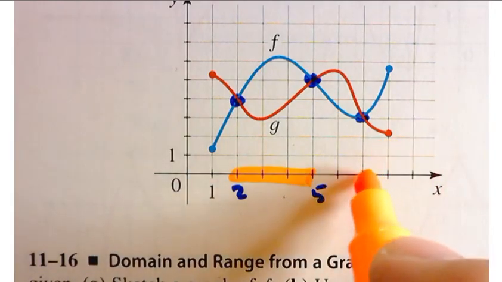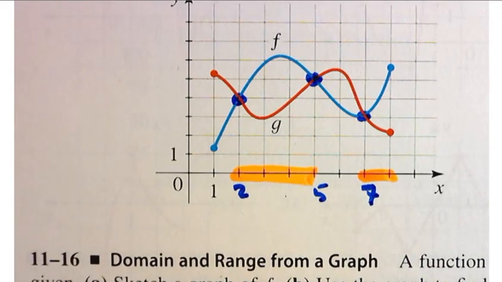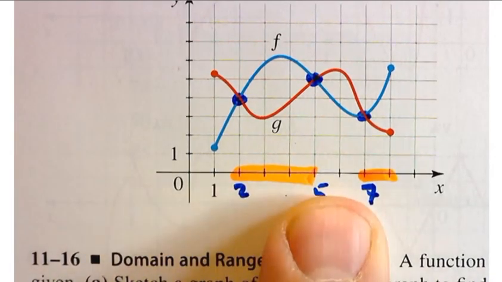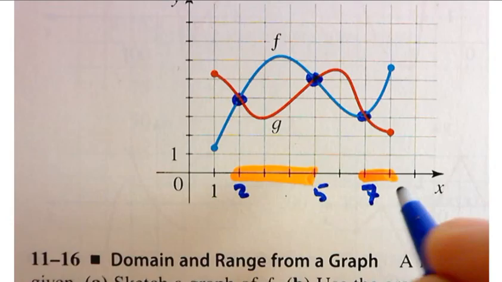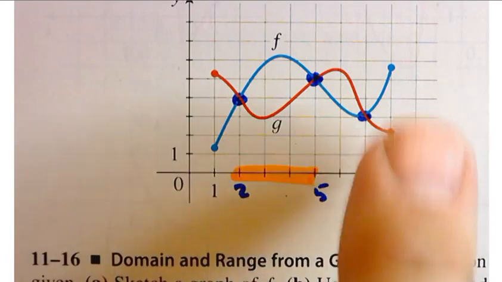Yeah, and this little piece here as well. This is part E. Actually, you'd express it in terms of two intervals, from 2 to 5, and from 7 to 8. Those would be the two intervals where this is true.